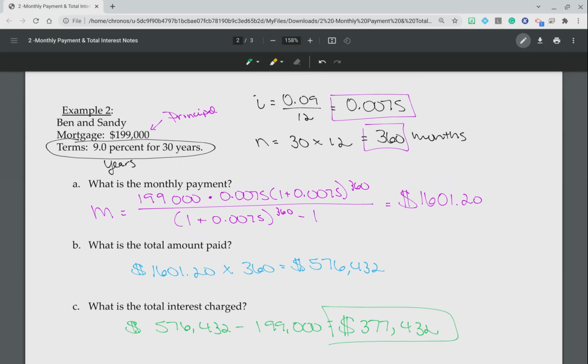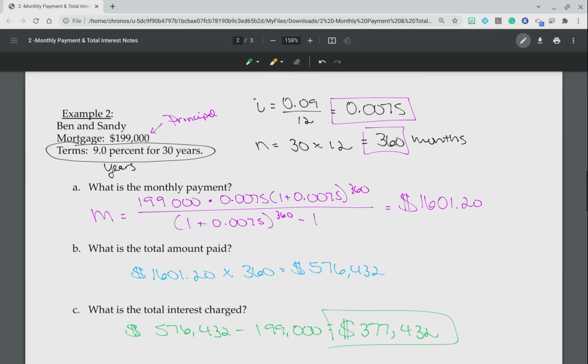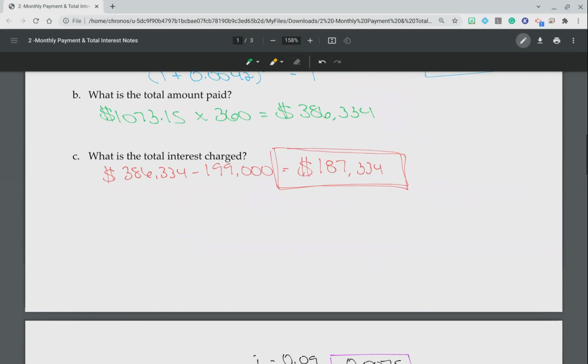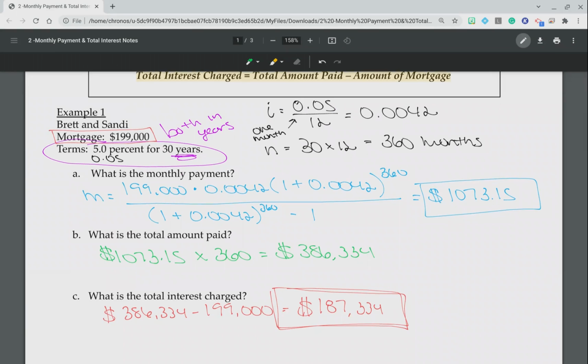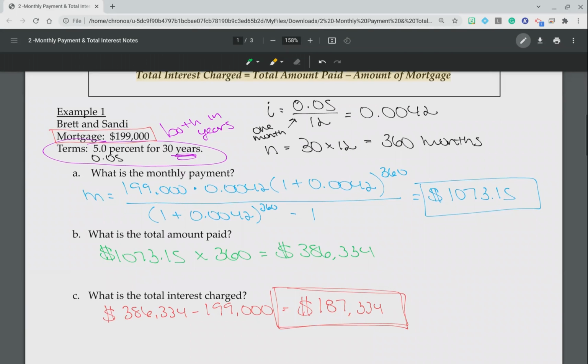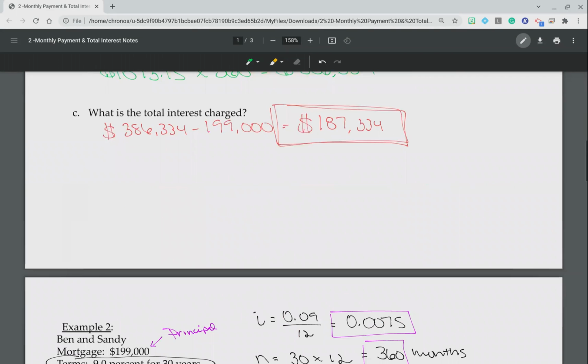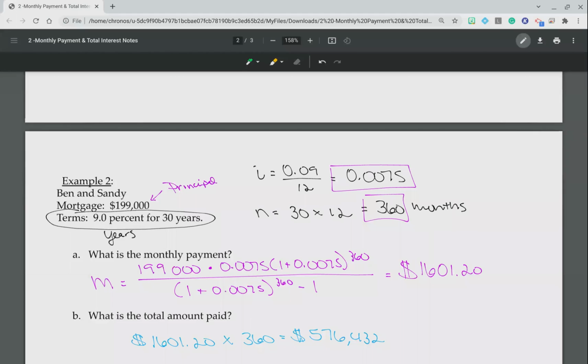Okay, I just want you to interpret this a little bit. Notice that Ben and Sandy paid the same amount for their mortgage loan. They had the same mortgage loan, $199,000, right? Same mortgage loan as this one above, okay? Brett and Sandy had a 5% interest for 30 years. Ben and Sandy had a 9% interest for 30 years.